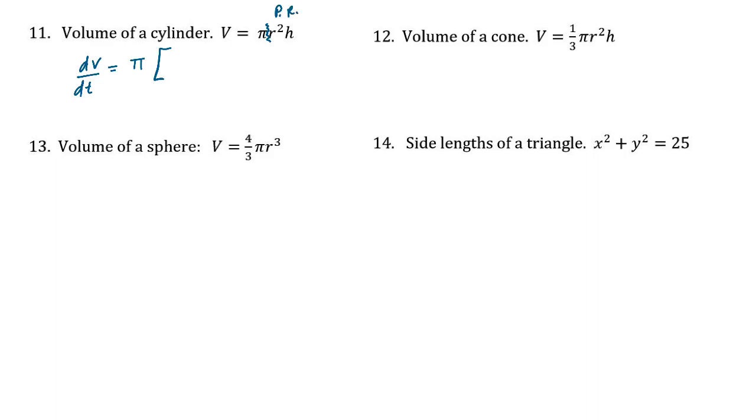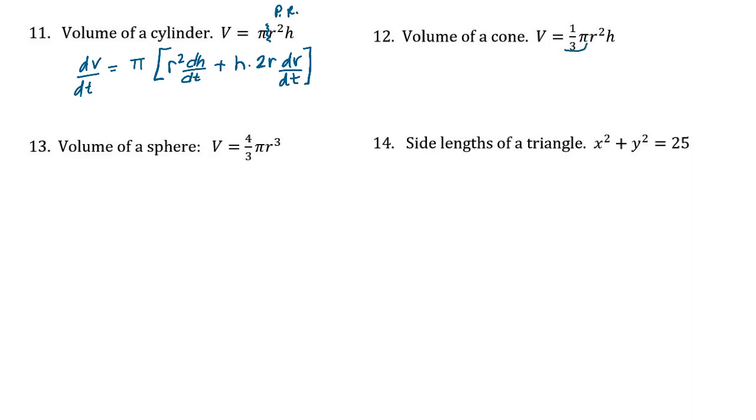So we're going to have our first times the derivative of the second, and so that's 1 dh/dt, plus second times the derivative of the first, so the derivative of r squared is 2r dr/dt. And again, leave this because we will be substituting in values. All right, so let's move on.